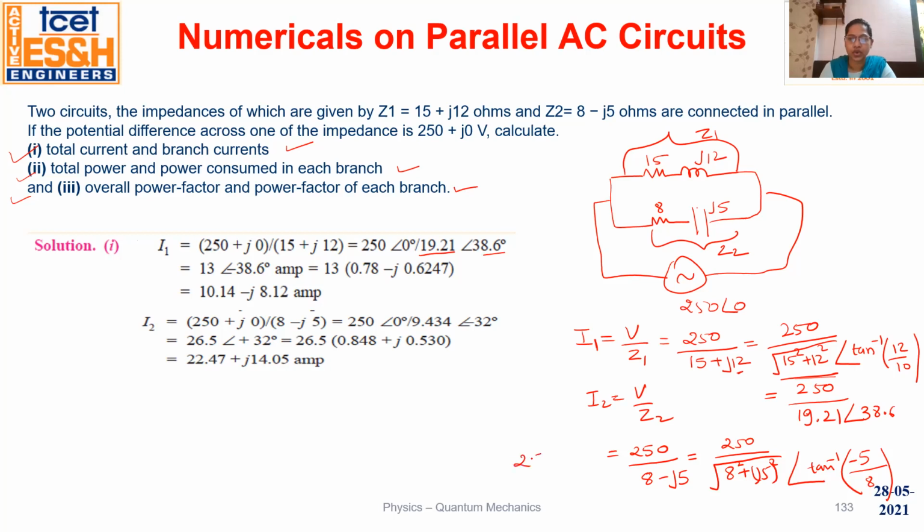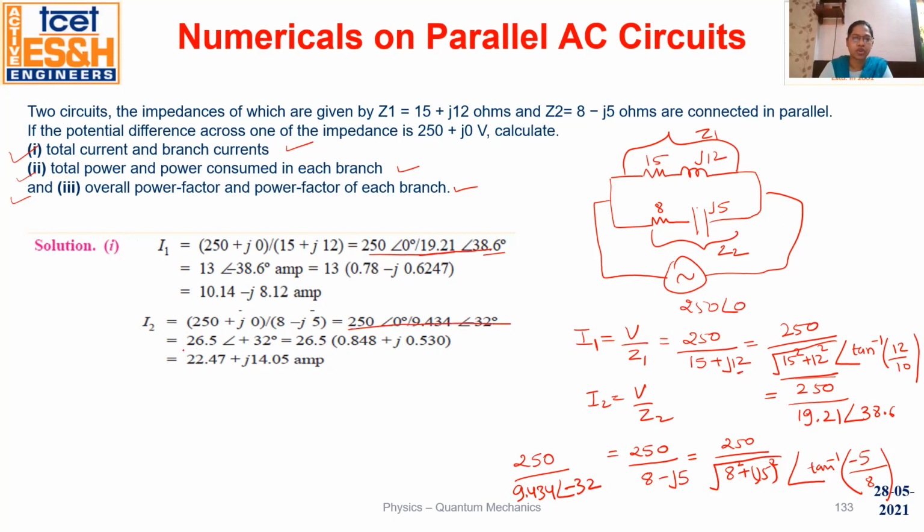When you solve this, you will get the value in the form of polar, 250 divided by 9.434 at angle minus 32. Okay. So this is the equation for the I1 and I2.